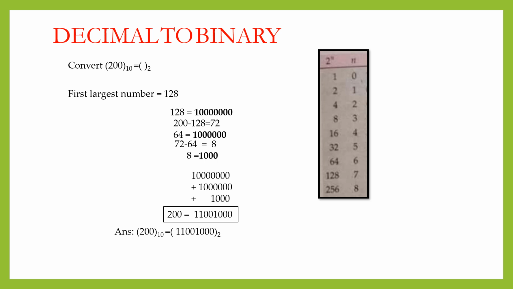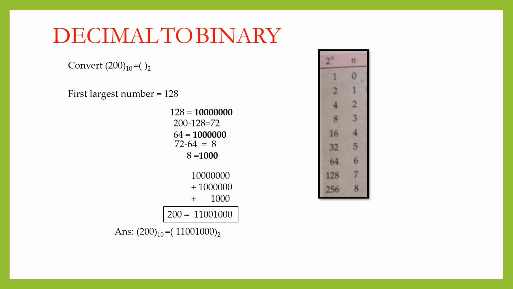Now we convert the decimal number 200 to a binary number using the sum of powers of 2 method. For this, first we have to find the largest power of 2 from the table without exceeding 200. 128 is the largest number without exceeding 200, right? And here 2 to the power 7 is equal to 128.